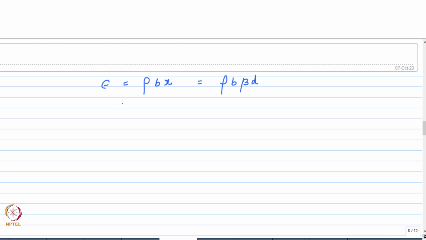So from here we can write rho in terms of the strain and the grain size as epsilon by b beta into 1 by d. So now if you replace this into this particular equation, if you replace rho over here, then it will give you this expression.